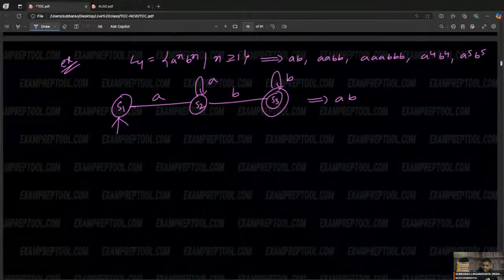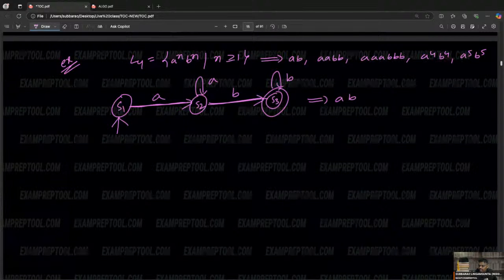S1 on A goes to S2. S2 on B goes to S3. So single AB is accepted. What is the meaning of accepting? After the string is over, are you in a final state? According to the given language, AB is one of the members. Is it accepting? Yes, happy.